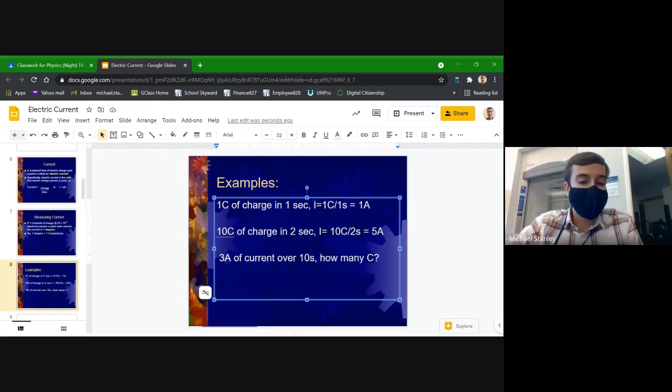So if we have 3 amps of current and we measure over 10 seconds, how many coulombs, how much charge, are we going to find?